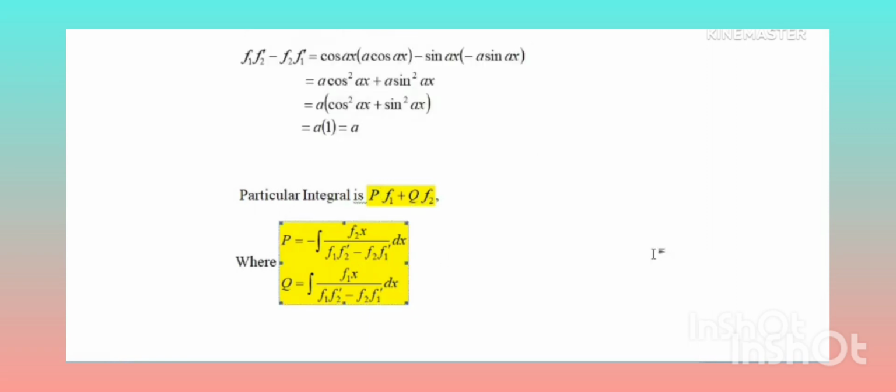P is equal to minus integral f2 x divided by f1 f2 dash minus f2 f1 dash into dx. Q is equal to integral f1 x divided by f1 f2 dash minus f2 f1 dash into dx. So these two formulas are very important in the method of variation of parameters.